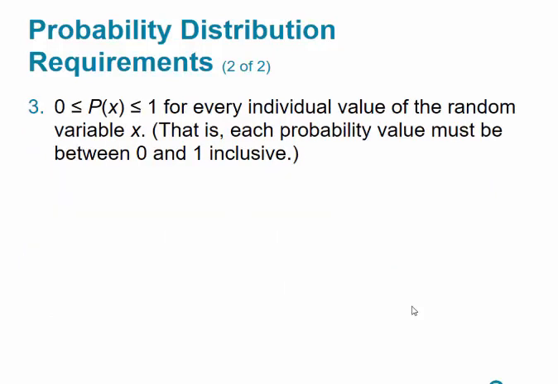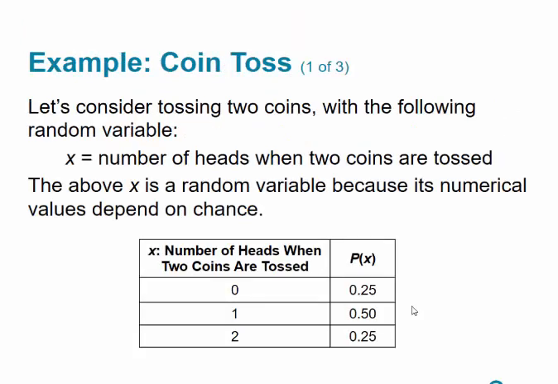And the last one is that every individual value of P(x) has to be between 0 and 1. We can't get a negative, and we can't get anything above 1. When we sum up all of the possible outcomes in the sample space, the summation of the probability has to equal 1.